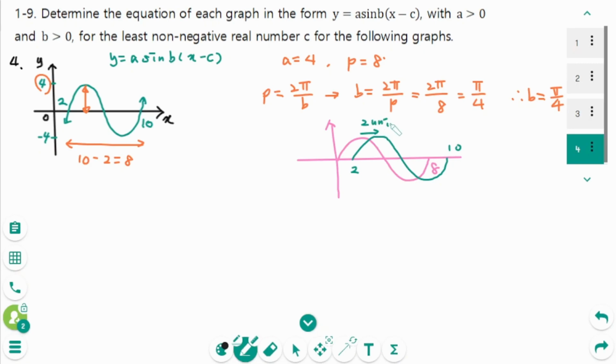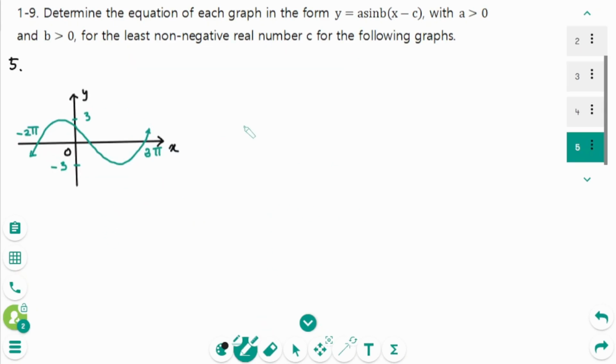The fastest way to find the horizontal phase shift is to find where the starting point has moved. That means c equals 2. Then the final answer is y equals a, 4 sine b, pi over 4, then x minus c, which is 2.